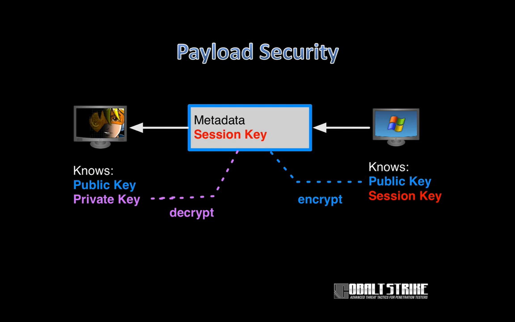It then encrypts metadata to send back to the Cobalt Strike team server, and it uses the public key, which only your team server can decrypt, to send this metadata. Included in the metadata is the session key for that particular Beacon session.